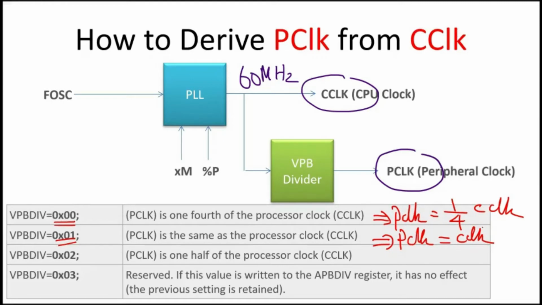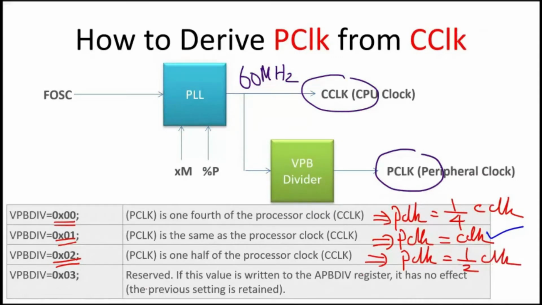This is the choice that we have preferred. We have used the peripheral clock as the same as the CPU clock. And if you put the VLSI peripheral bus divider as 02, then your peripheral clock is equal to 1/2 of the CPU clock.